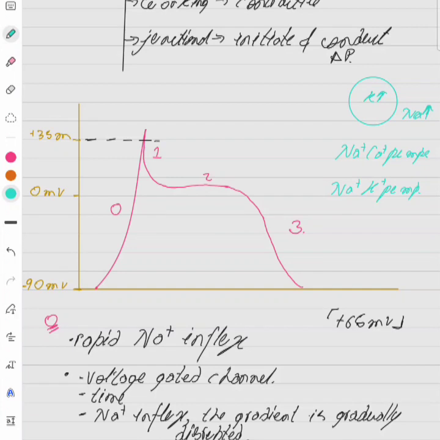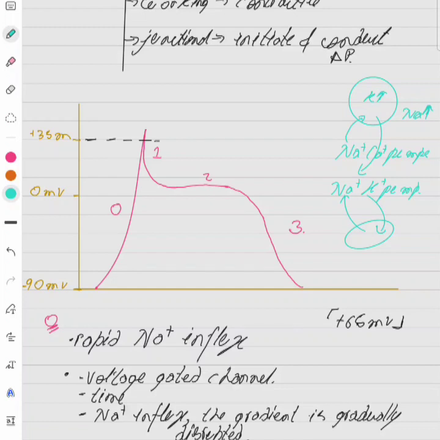Sodium calcium pump pumps sodium inside the cell and brings calcium outside, whereas sodium potassium pump pumps sodium outside the cell and potassium inside the cell. After all this, the RMP is again achieved, and also the ionic gradient of the cell is again made.